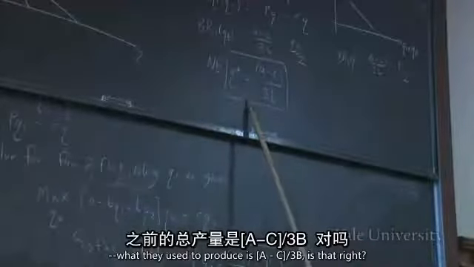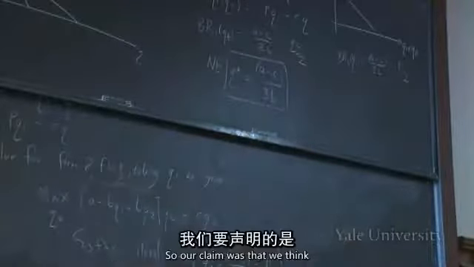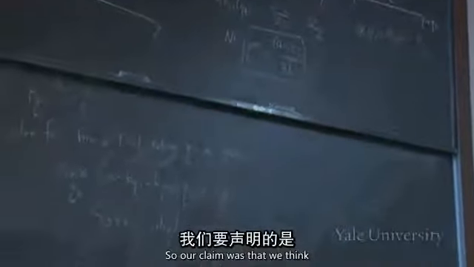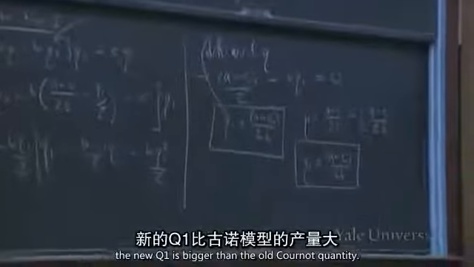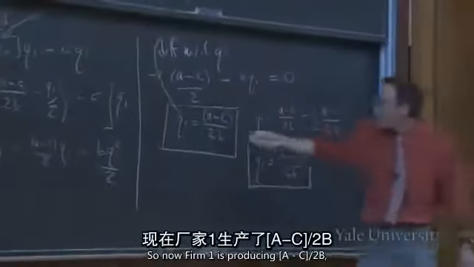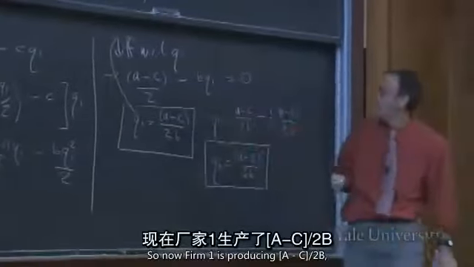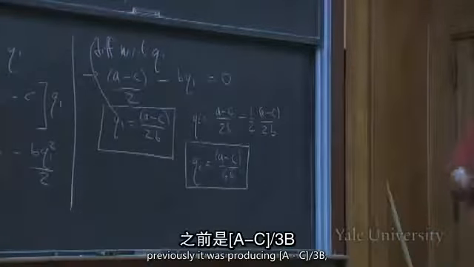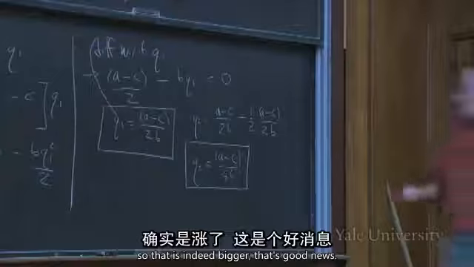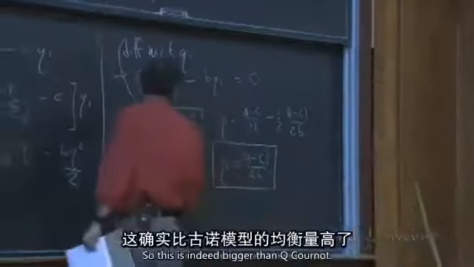What they used to produce is (A minus C) over 3B. Is that right? So our claim was that the new Q1 is bigger than the old Cournot quantity. Now firm 1 is producing (A minus C) over 2B. Previously it was producing (A minus C) over 3B, so that is indeed bigger. That's good news, right?